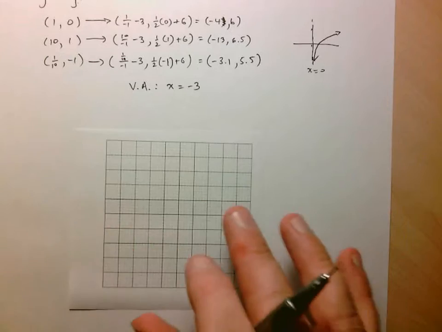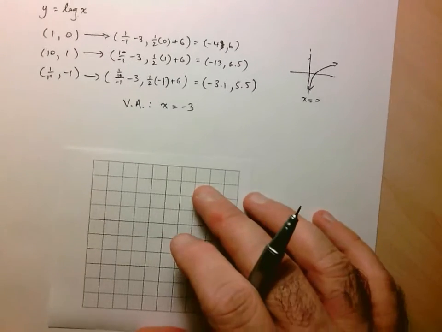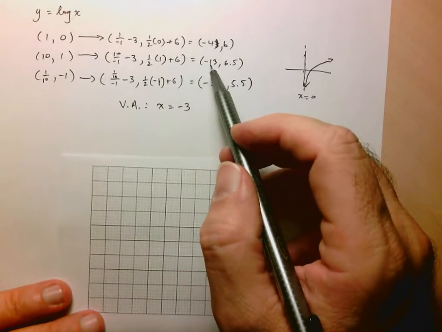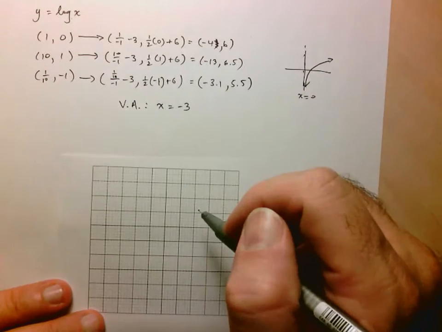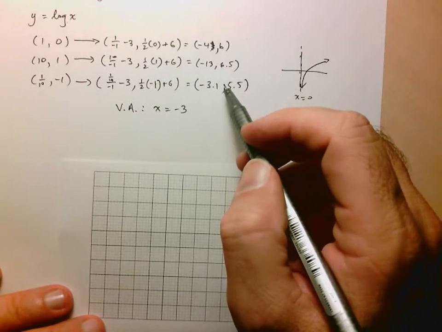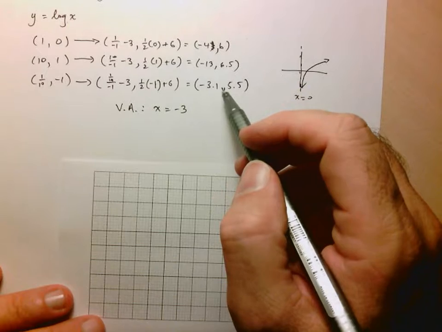I'll do that here. Let's take a look at our domain values. We've got to go all the way to -13. They're all negative, so keep that in mind, and all the y values are positive.